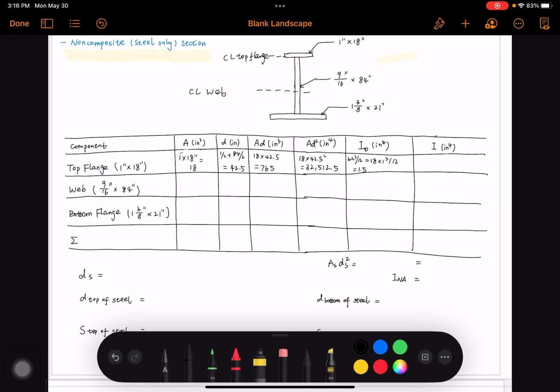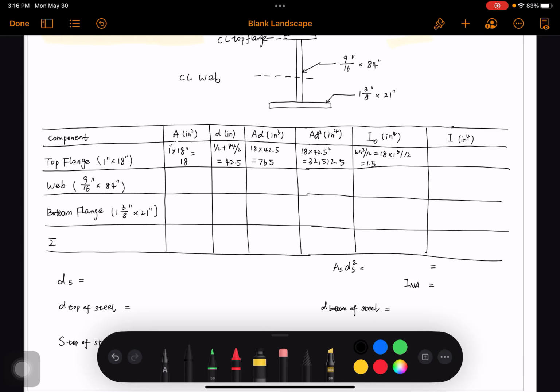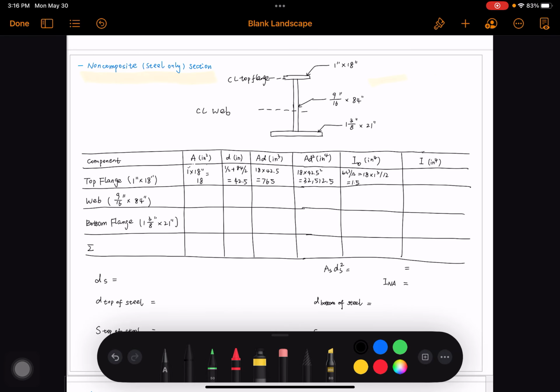And I, which is the moment of inertia about the neutral axis of the section, actually it's not the neutral axis, it's the axis that we're calculating the moment of inertia about, which in this example we set as the center line of the web.